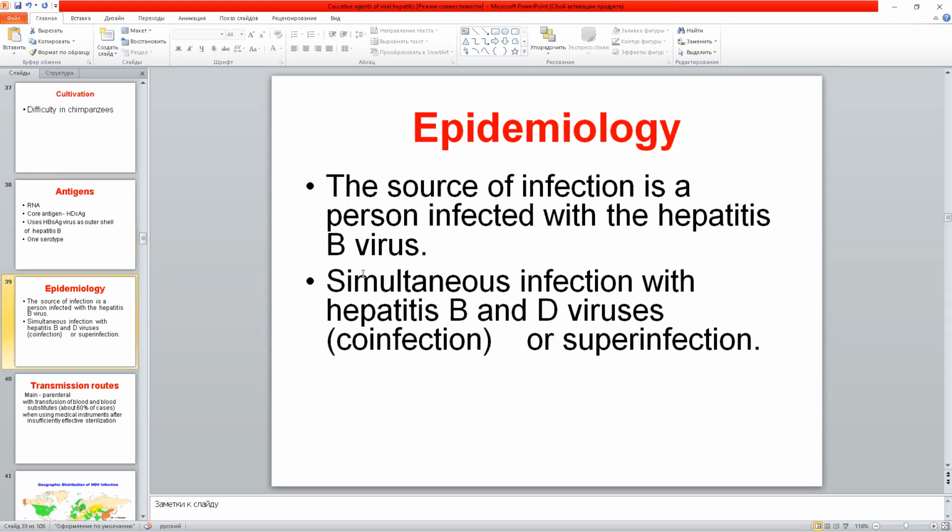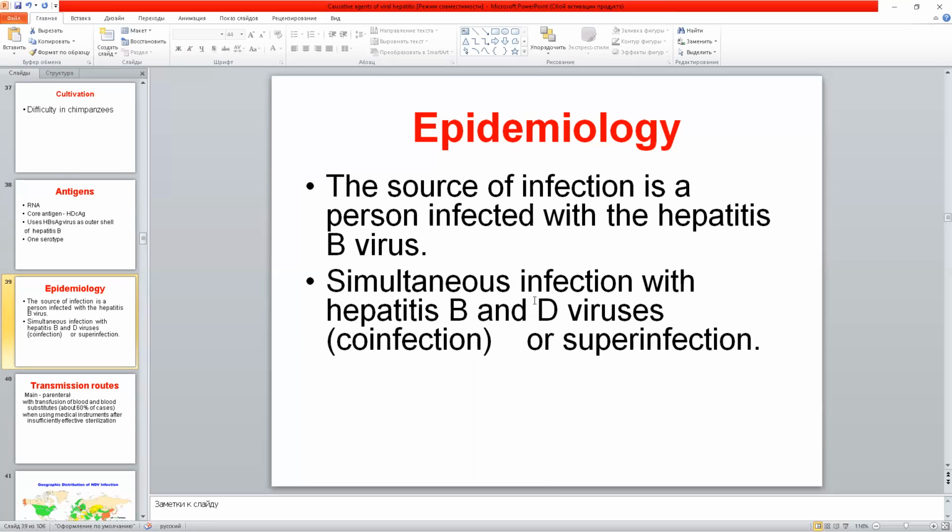And epidemiology, the source of infection is the person infected with hepatitis B virus. Sometimes a patient is infected at the same time by hepatitis B and hepatitis D viruses, co-infection, or maybe firstly the patient has hepatitis B and then is infected by the blood of a person that is infected by both viruses. So why are we taking them together?